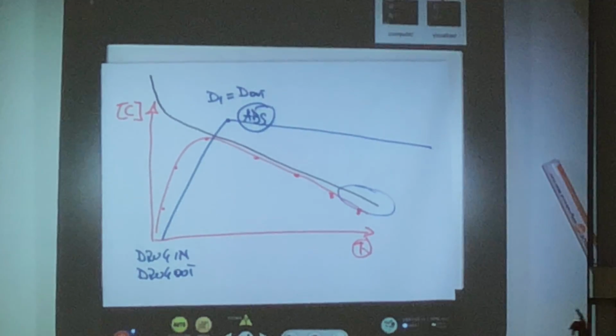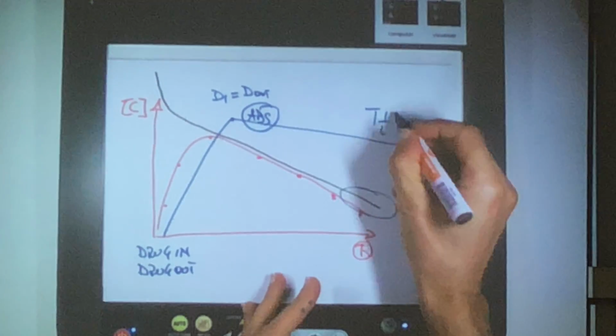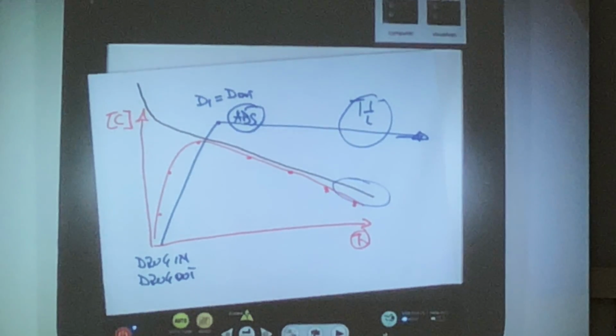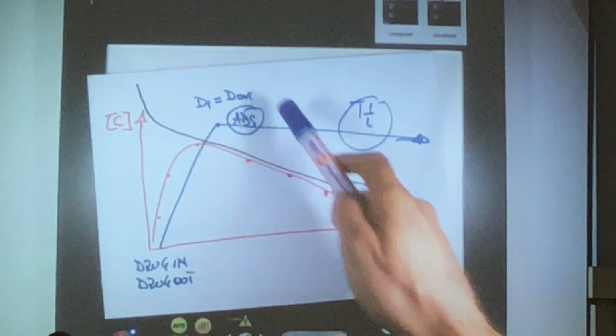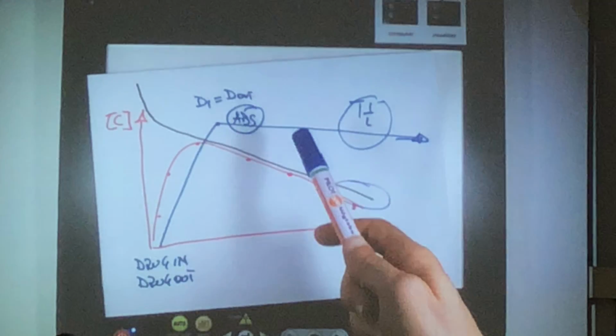So the half-life that you have here is not a sound half-life because it still includes the absorption, which is still releasing drug.